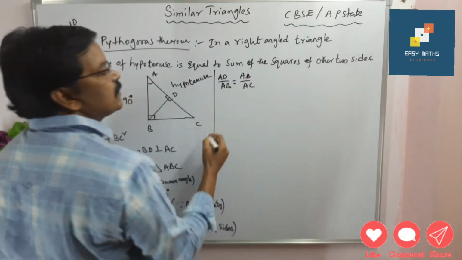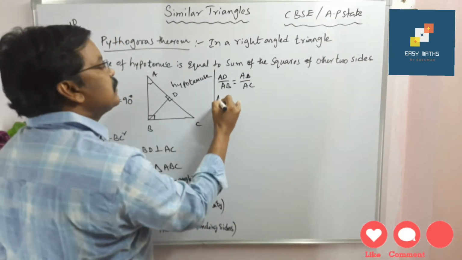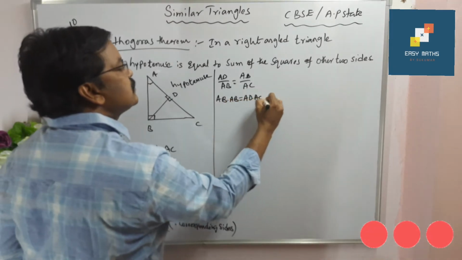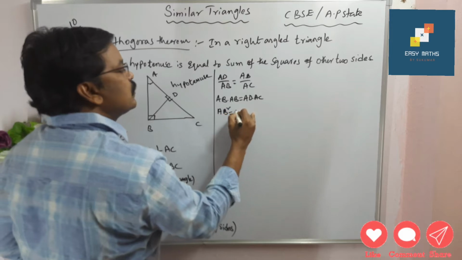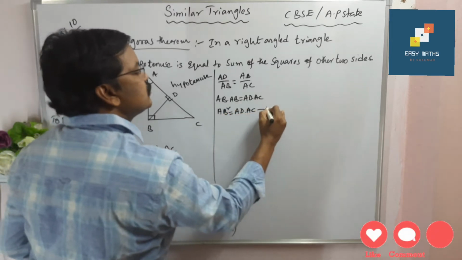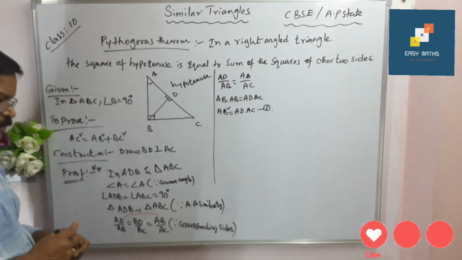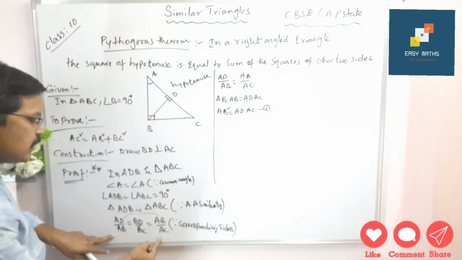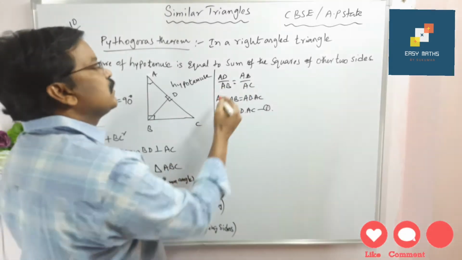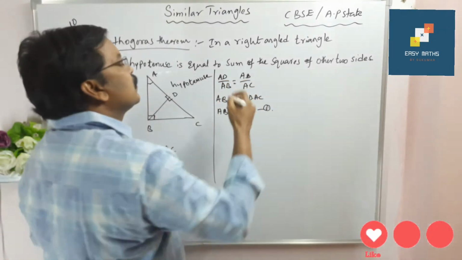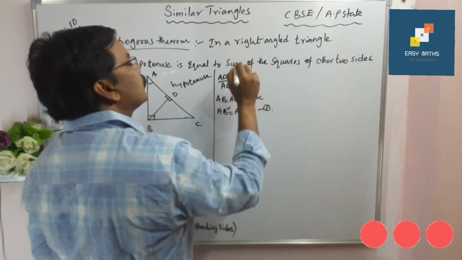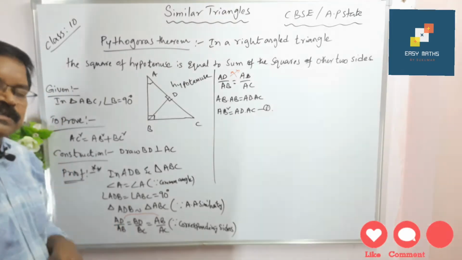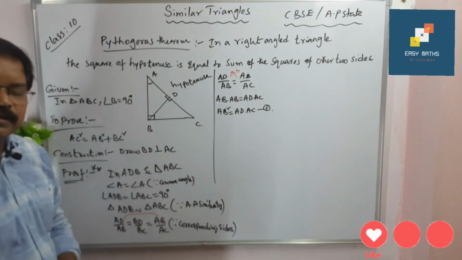By cross multiplication, AB into AB is equal to AD into AC. That is AB square is equal to AD times AC. This is equation number 1.